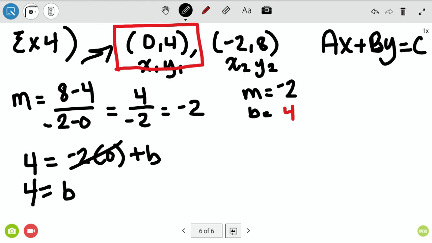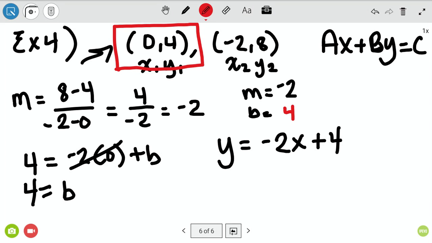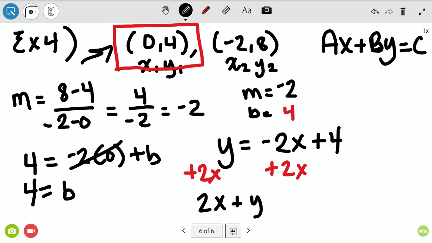All right, so I have an m and I have a b. I still can't go to standard form, but I can go to slope-intercept because I have a slope and an intercept. So y equals my slope, generic x, plus my b. What do I need to move? Yep, add 2x and add 2x, and that puts that 2x over on the left, so I get 2x plus y equals 4.